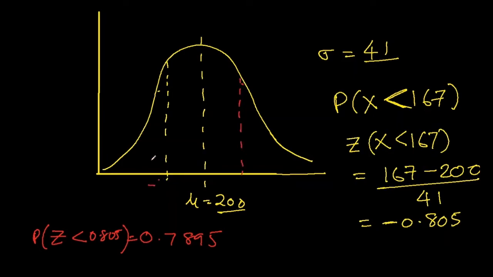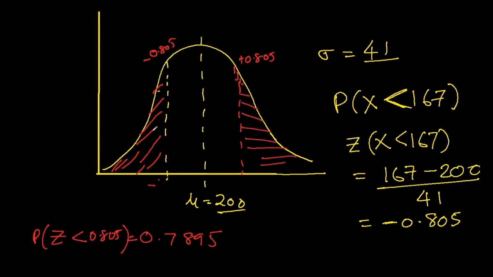Let's say minus 0.805 was here, so positive 0.805 will be exactly on the opposite side, a reflection of this basically at the same level. Our original question was to find this area, but now we will find this area which is a reflection of what we want, right?